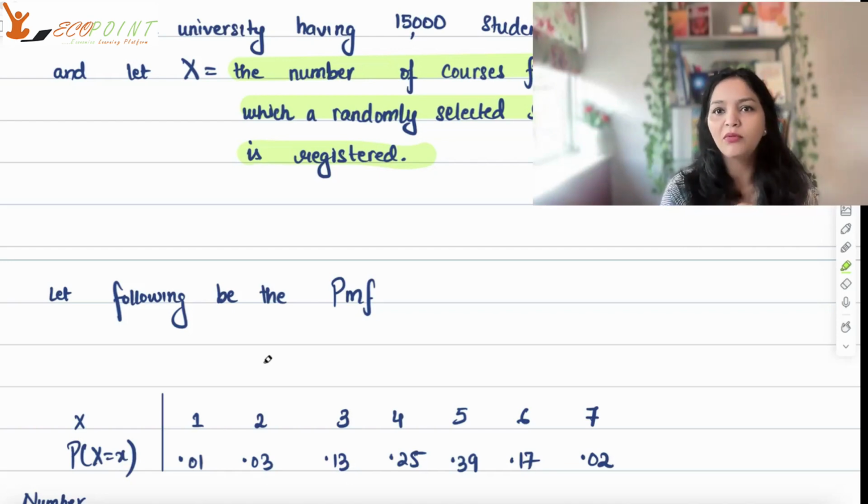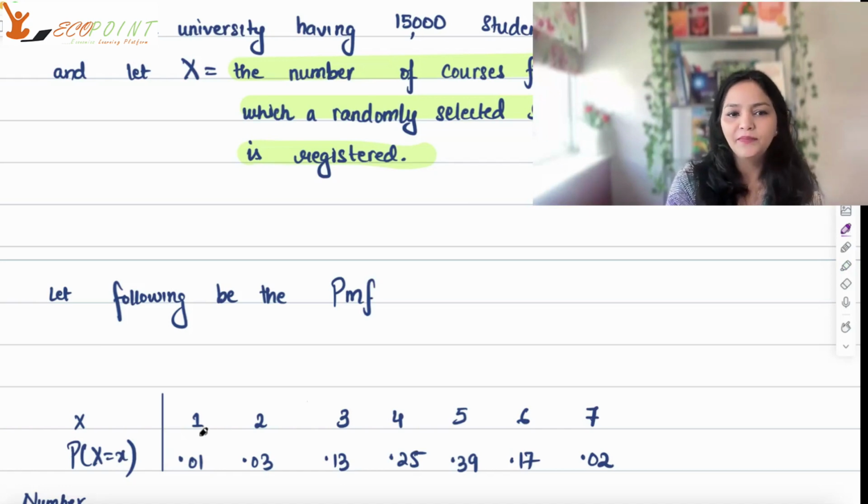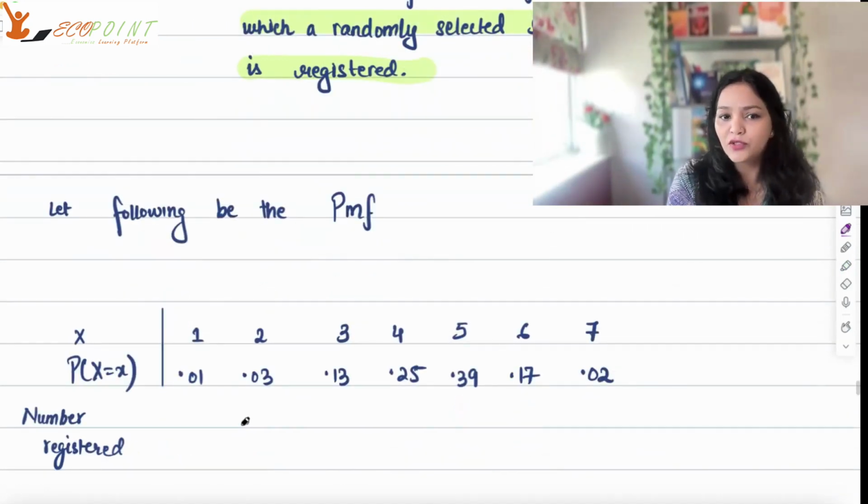There's 0.01 probability associated to 1, 0.03 associated to 2, 0.13 associated to 3, 0.25 to 4, 0.39 to 5, 0.17 to 6, 0.02 to 7. What does it exactly mean? It basically means that out of 15,000 students, some students are registering for one course, some for two, some for three, and so on and so forth.